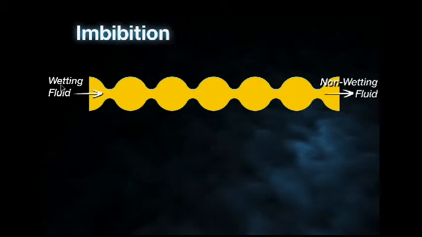Well, if we're going to go through imbibition, we're going to have a wetting fluid displacing the non-wetting fluid. You should imagine that this guy here is non-wetting fluid. And let's see how it goes.